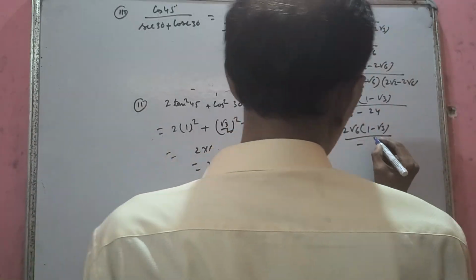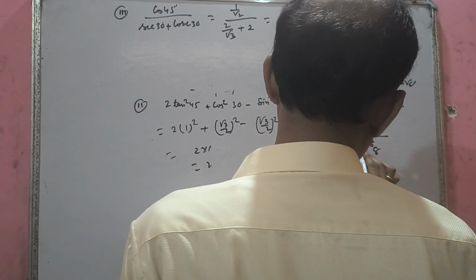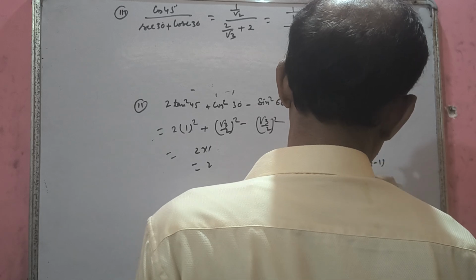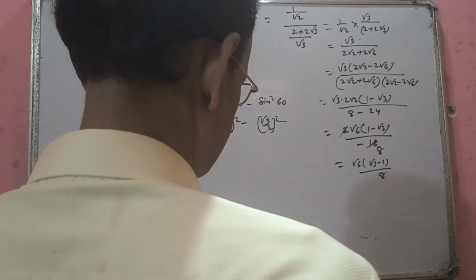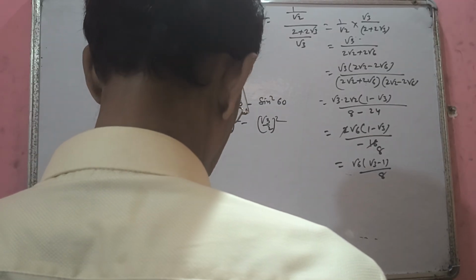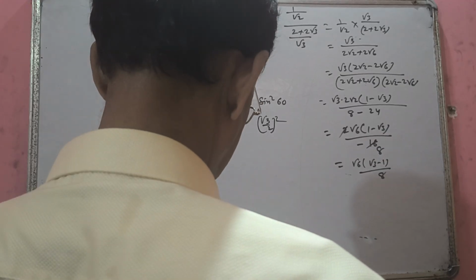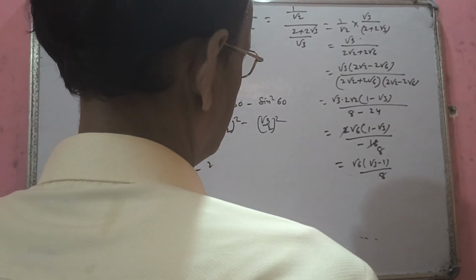Minus 16. So this is 8, cancel it. The denominator should not be negative, so you can write root 6 into root 3 minus 1 by 8. You will check the calculation. Okay, this is the answer.